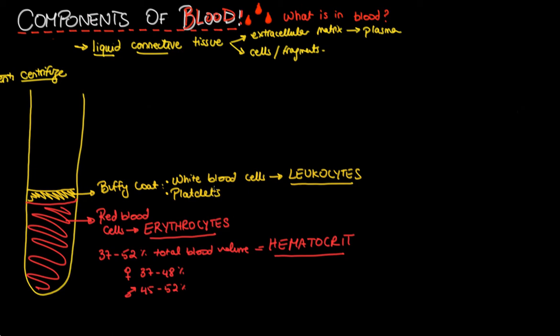Platelets are not actually cells, they're more so fragments of cells. But they're found in the buffy coat along with the white blood cells, and these typically constitute less than 1% of total blood volume.